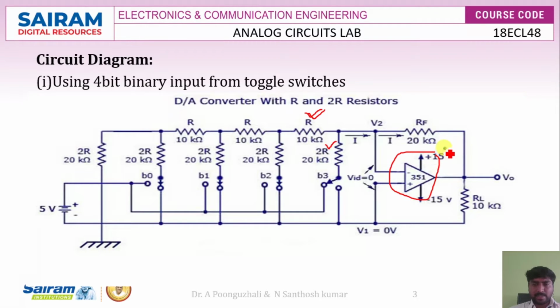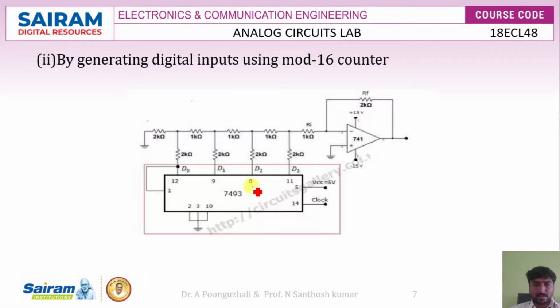So we need an op-amp, resistances R and 2R, and a supply for this op-amp. We need a CRO for measuring the output, a DC supply voltage, and a counter circuit, that is the 7493 IC, which acts as a mod 16 counter, and a clock generator circuit to apply a clock.